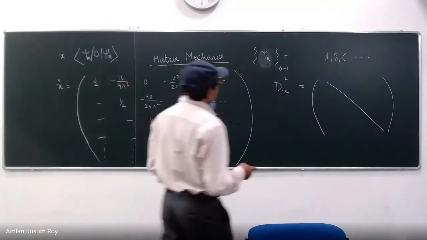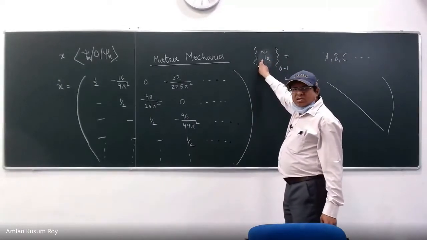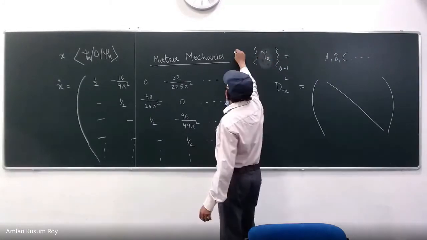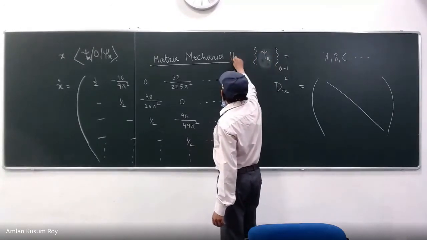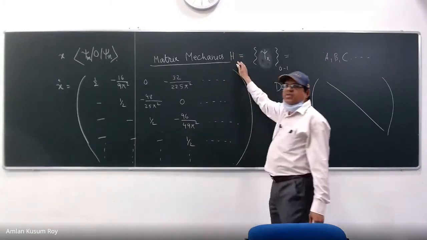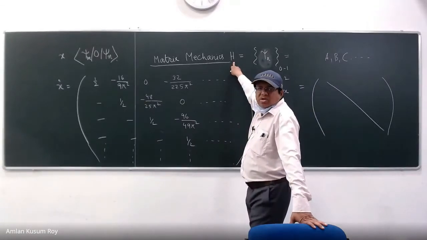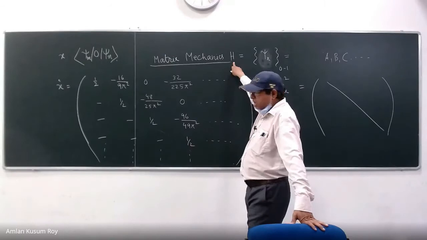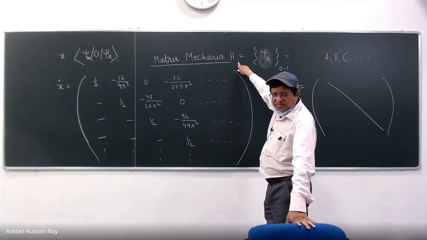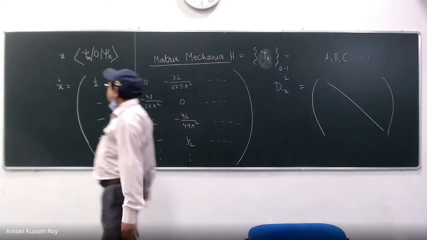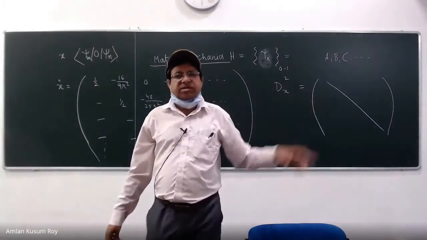So if my basis is psi 1 to psi n, the particle in a box wave function basis, I have a Hamiltonian corresponding to that. If there is any other operator which commutes with this Hamiltonian, we have done this exercise, then that operator's representation, just like your Hamiltonian, also has to be diagonal in that basis. That is the way it is.